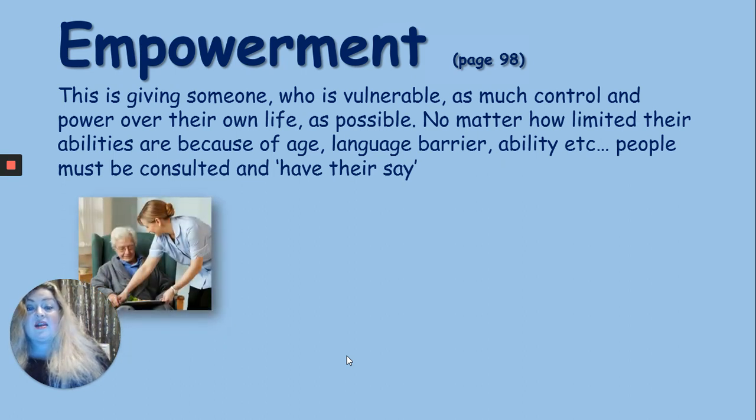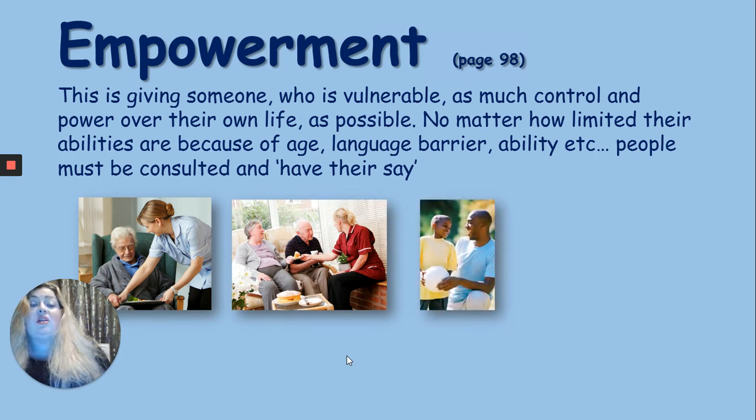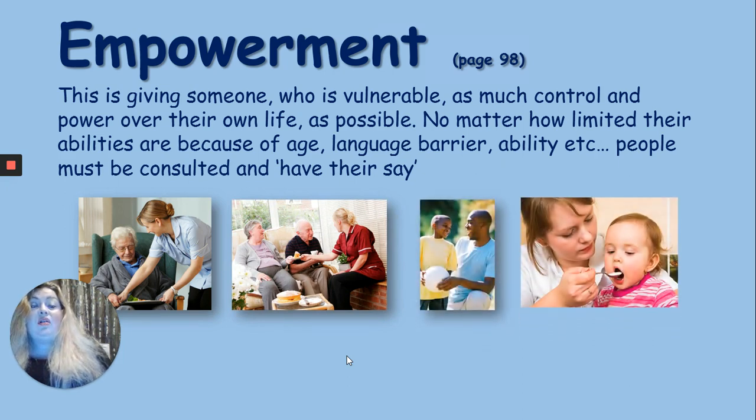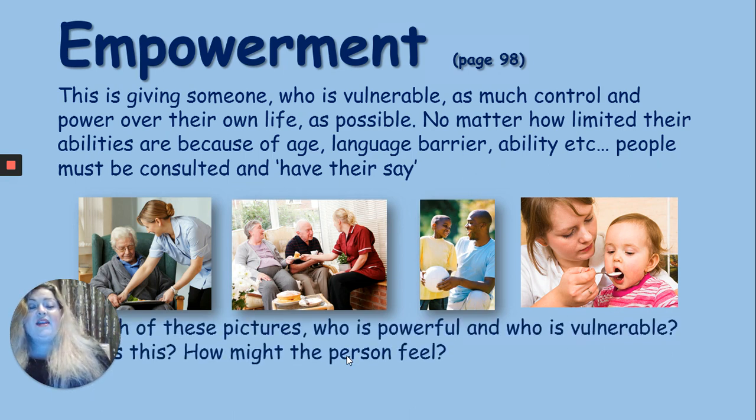So let's have a look then at several of these images that are going to flick up onto the screen in a moment. There are 4 different images, and if we pause the video at this point and reflect, from all of these pictures, who do you think is powerful?